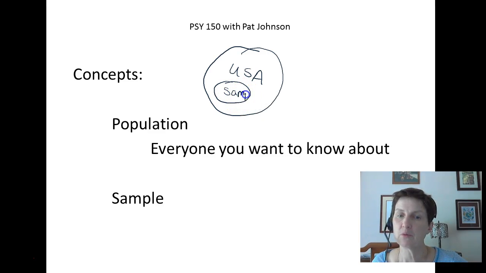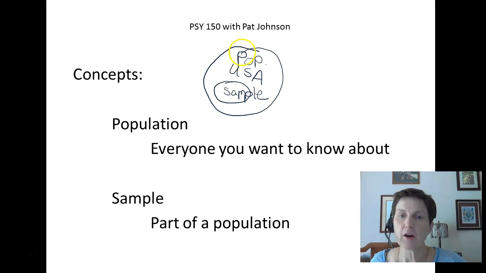So, this is a population, everybody in the USA. This would be the sample, just part of the population. Now, let's suppose the Gallup poll asked everybody in North Carolina about their opinion about an issue.